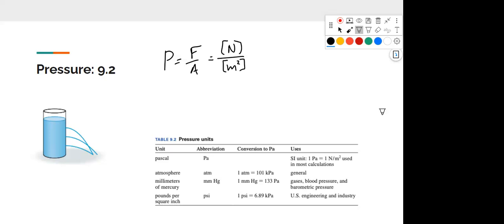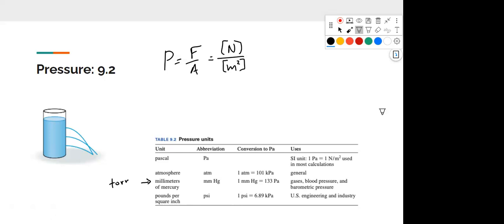And then due to the way that we measure pressure using barometers, which again we'll see shortly, we have some other unit of pressure, which is the millimeter of mercury, or you'll also see inches of mercury in the US. Millimeters of mercury have their own fun name, which is the torr, named after Torricelli, who was an Italian physicist that actually came up with the idea of atmospheric pressure and figured out this kind of crazy fact that we live under an ocean of air.